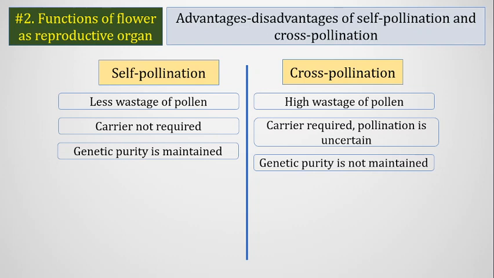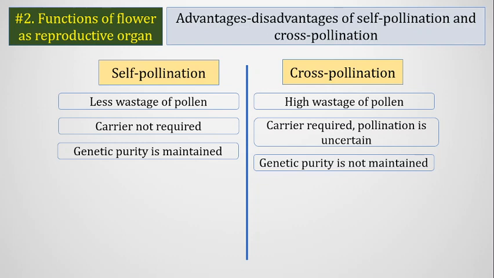In self-pollination, genetic purity is maintained, because the pollen and the ovum, the male gamete and female gamete, come from the same plant, so there is no genetic difference between the mother plant and the offspring plant.